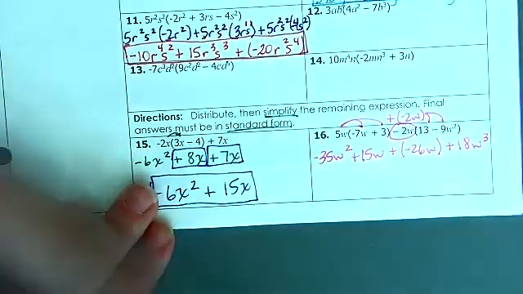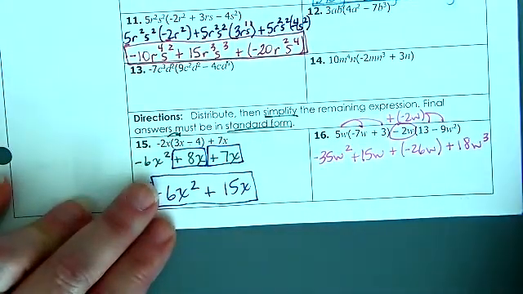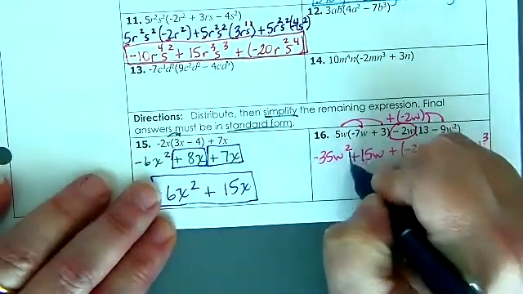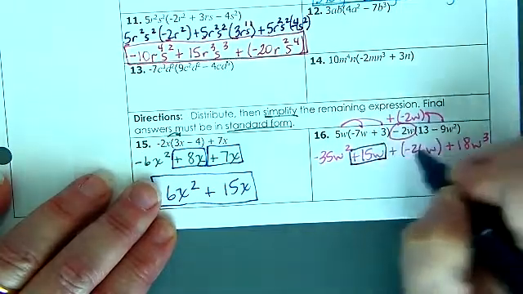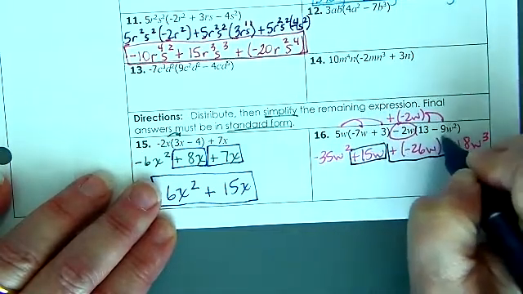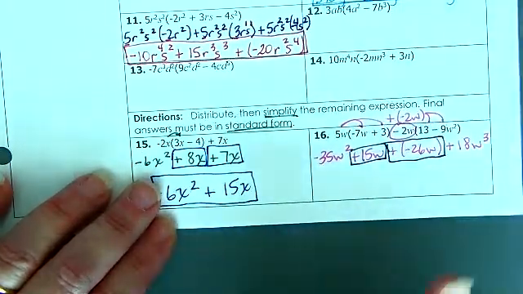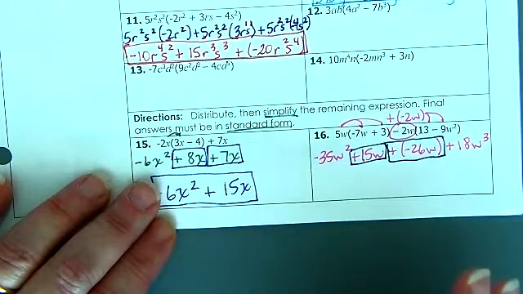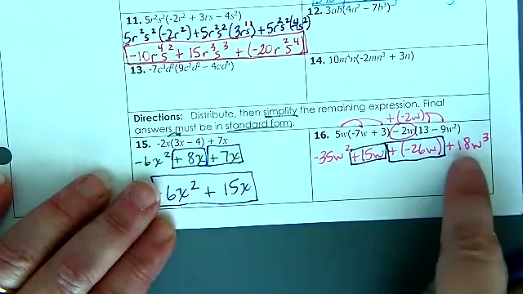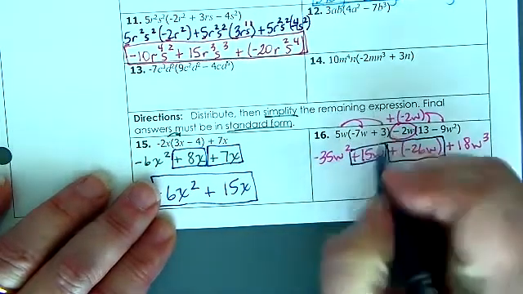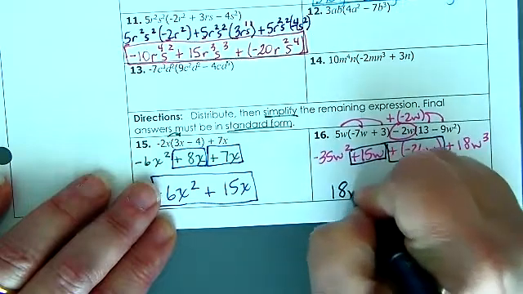Now, we have to combine our like terms. Any like terms that we have, which are 15W and negative 26W. Now, when I'm writing my final answer, we have to write it in correct standard form. So I have to look for the highest exponent, which is the 18W cubed. So that is going to be written first.